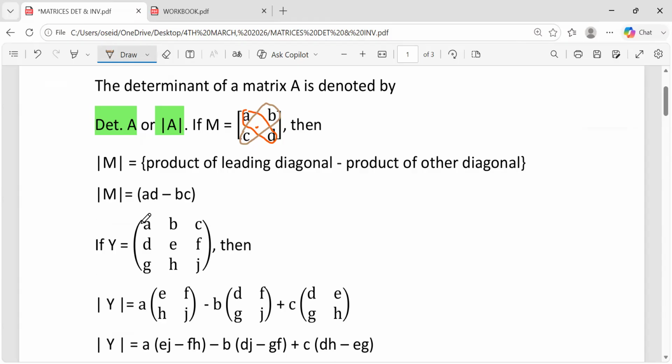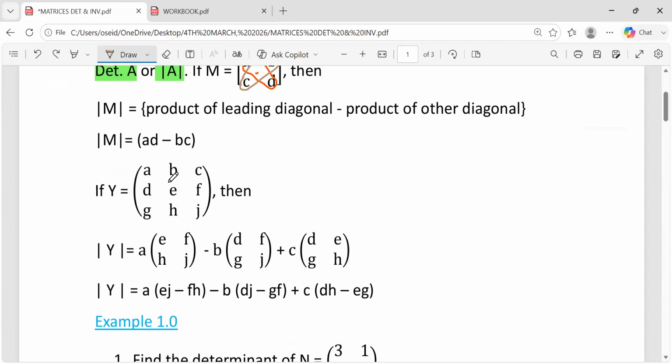Once we've taken a component of column 1 and row 1, we assume that the column and the row do not exist, because if you take this member out, it is no more a 3 by 3 matrix. So the elements left for us to use are E, F, H, and J.